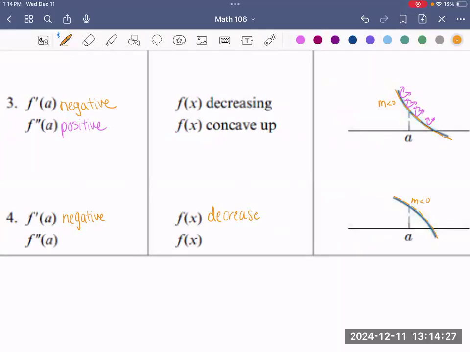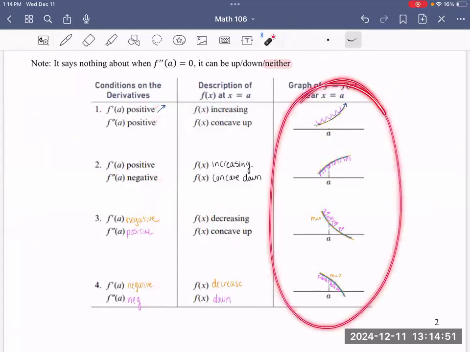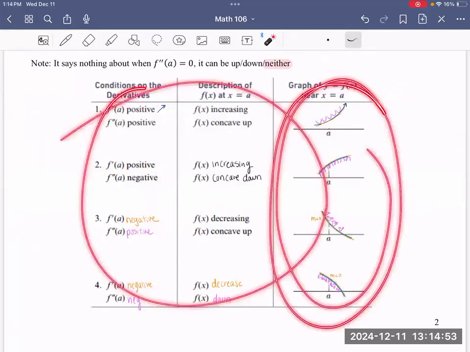Now, what about your concavity? Well, your concavity is all downward facing. Therefore, we are concave down, meaning that your second derivative is negative. So notice that you can have all sorts: positive, positive; negative, negative; positive, negative; or negative, positive. These are all of the series of graphs that you can have.